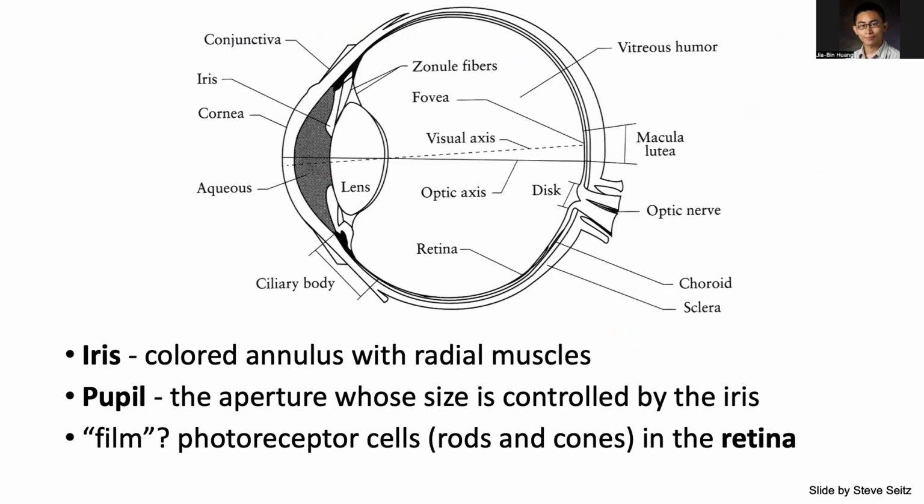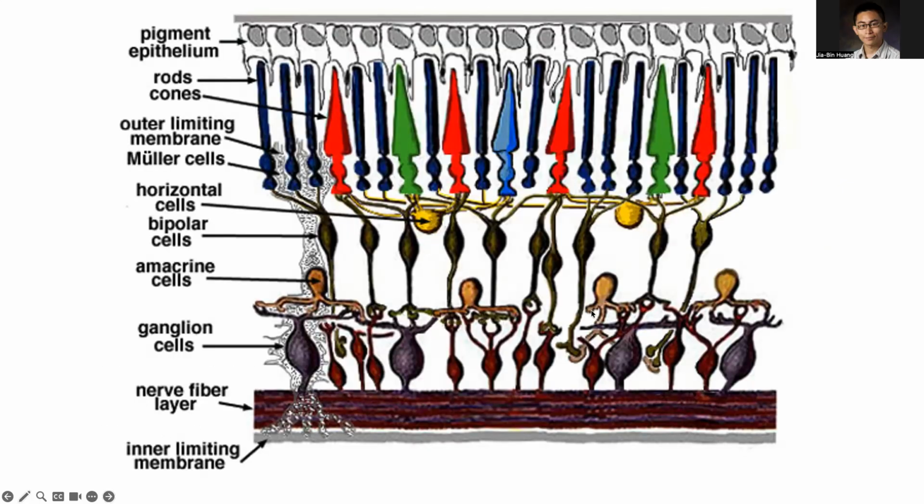The human eye is essentially a camera where you have a lens that can bend the light, so that light rays coming from the real world form an image on top of a film or CCD sensor. That's the retina. If you cut through this eyeball and flatten out the retina, it will look like this.